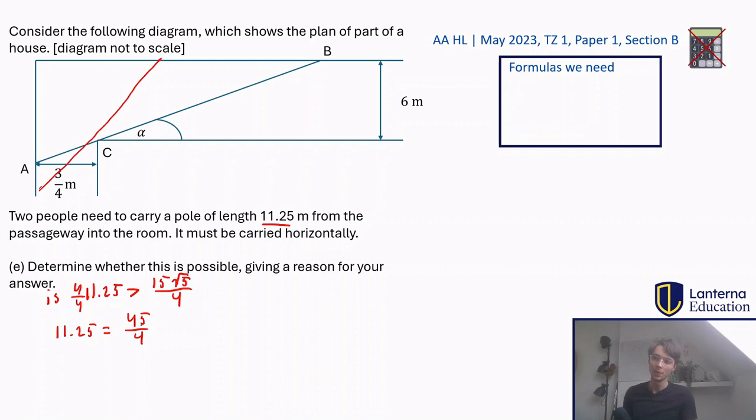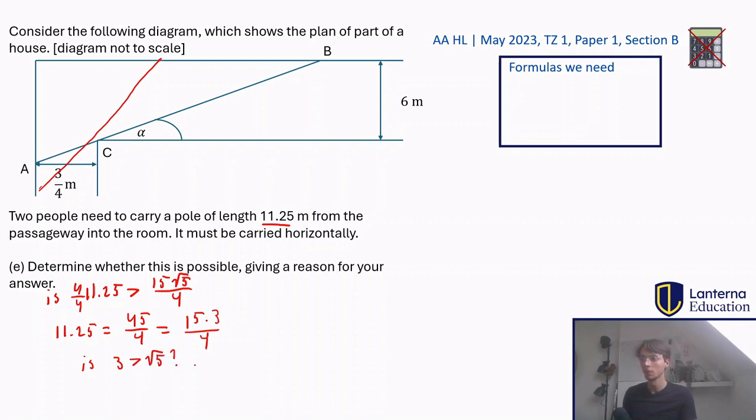Well, actually 15 and 45, I can see a pattern here. That is 15 times 3 over 4. Okay, and now the final question then is, is 3 bigger than root 5?